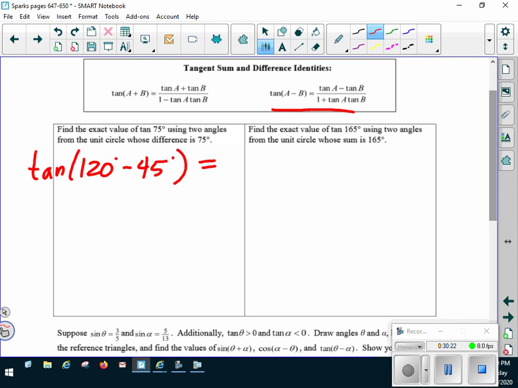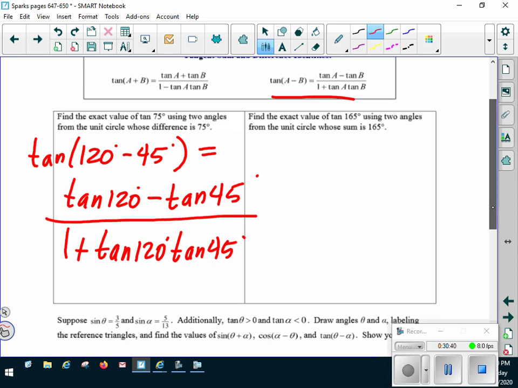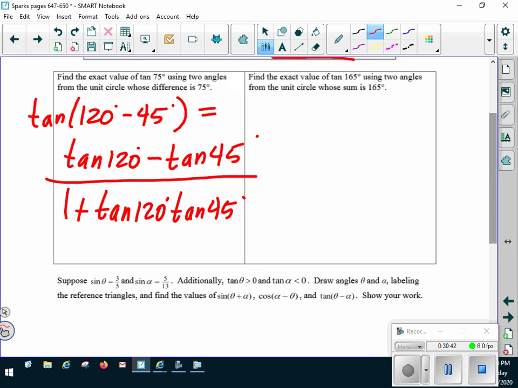So we've got tangent of 120 minus the tangent of 45, and this is degrees, over 1 plus tangent of 120 times the tangent of 45 degrees. So if you'll notice, that sign stays the same on the top, but on the bottom that sign changes.